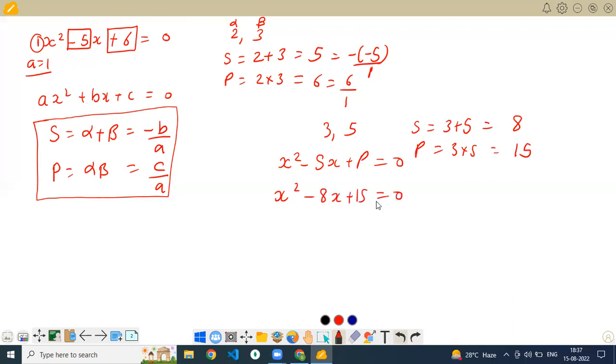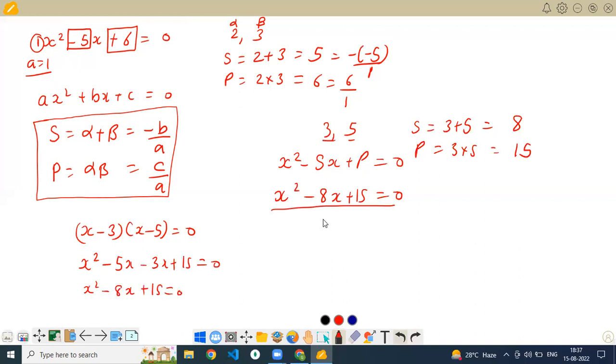That's all. Another way of saying it is the roots are 3 and 5. You can also write this like this: x minus 3 into x minus 5 is equal to 0. Right? For this equation, 3 and 5 are the roots of the equation. If I simplify this, x square minus 5x minus 3x plus 15 is equal to 0. X square minus 8x plus 15 is equal to 0.